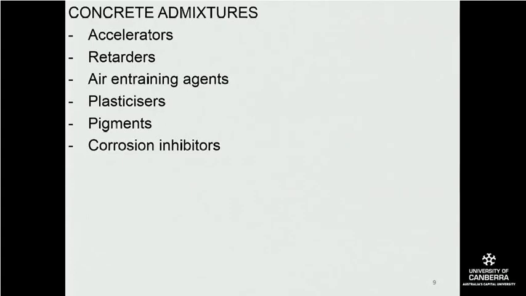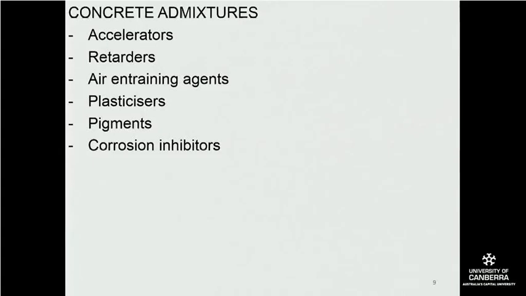And you can get, I won't go into a great deal of detail here, but just for you to know that these things exist. You can get admixtures which are accelerators, which make the concrete dry faster, and it may be that you want it to get its maximum strength faster, so you put in accelerators. There's retarders, which make it remain liquid for longer.